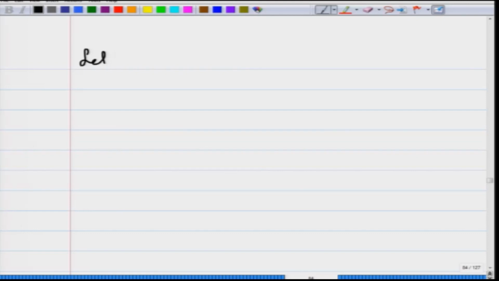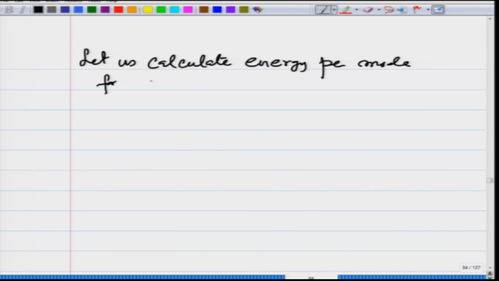So, now let us calculate the energy per mode for vibrations quantum mechanically.